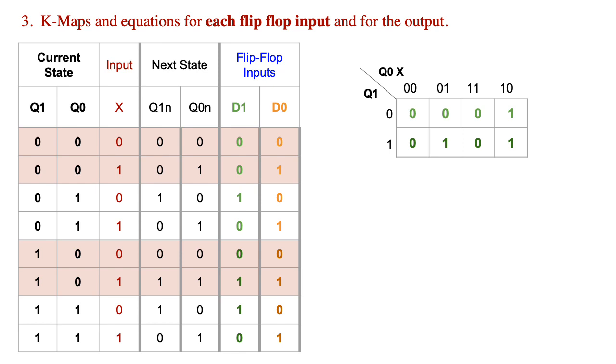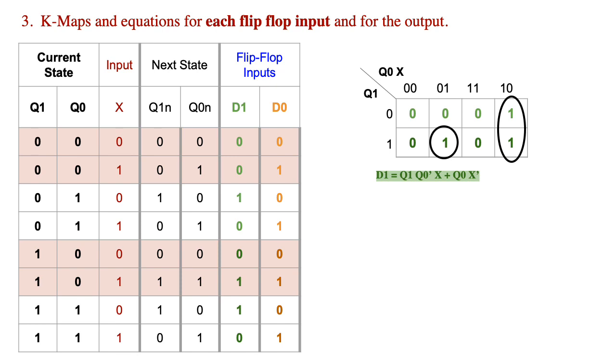Then we can group this one by itself and these two ones together. This will result in D1 equal to Q1 Q0 bar X, or Q0 X bar.